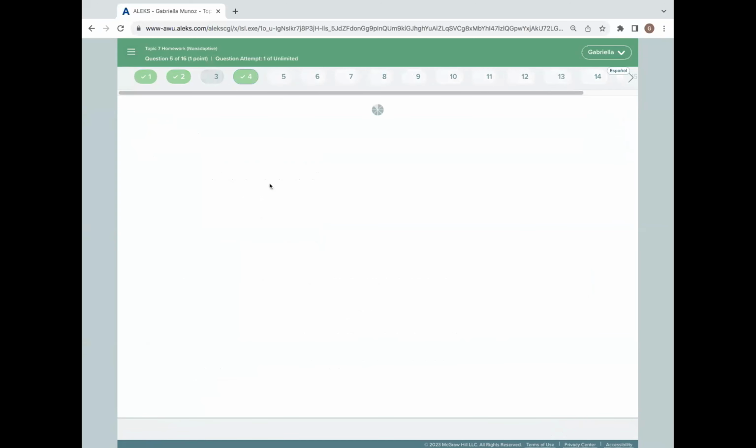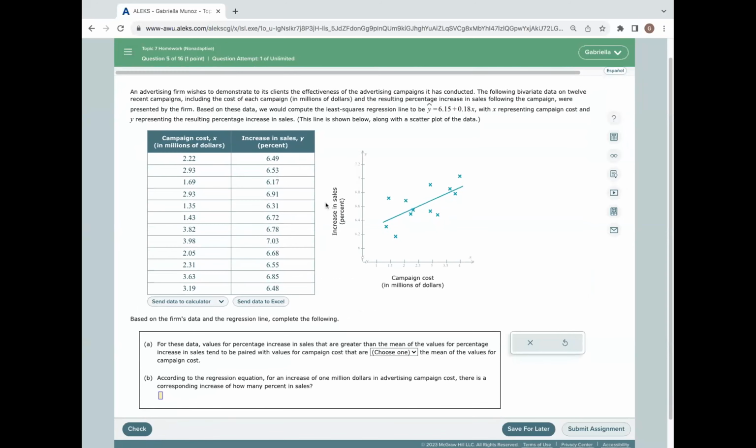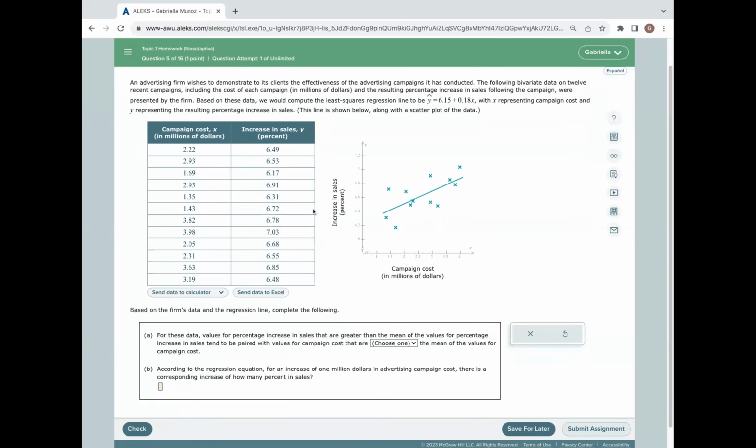Next one. If you click on the drop down there, I didn't see it. Can you see it now?